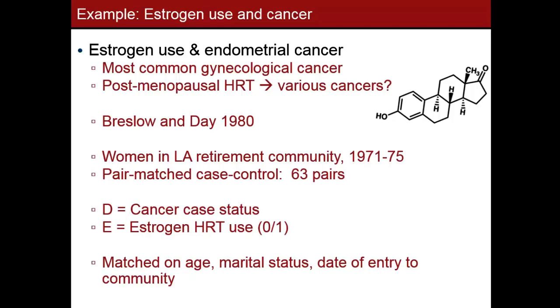Here, the exposure among 63 pairs was estrogen hormone replacement therapy, and cancer case status is the outcome. Then we have several matching factors: age, marital status, and date of entrance to the community, so kind of another time-based control factor. And so here we have 63 pairs. Exposure is hormone replacement therapy.